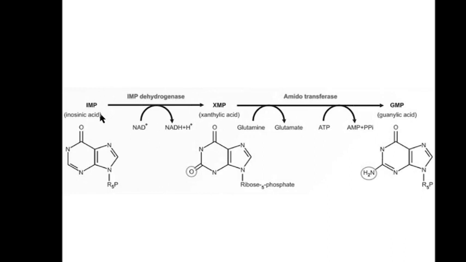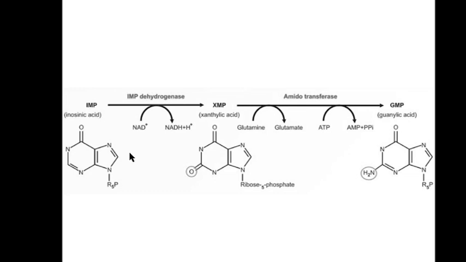Now coming to the next step. With the same IMP, with the help of IMP dehydrogenase, IMP has got two fates. One is for the formation of AMP, the other for the formation of GMP. Both are purine nucleotides. They are derived from the IMP, that is inosine monophosphate.